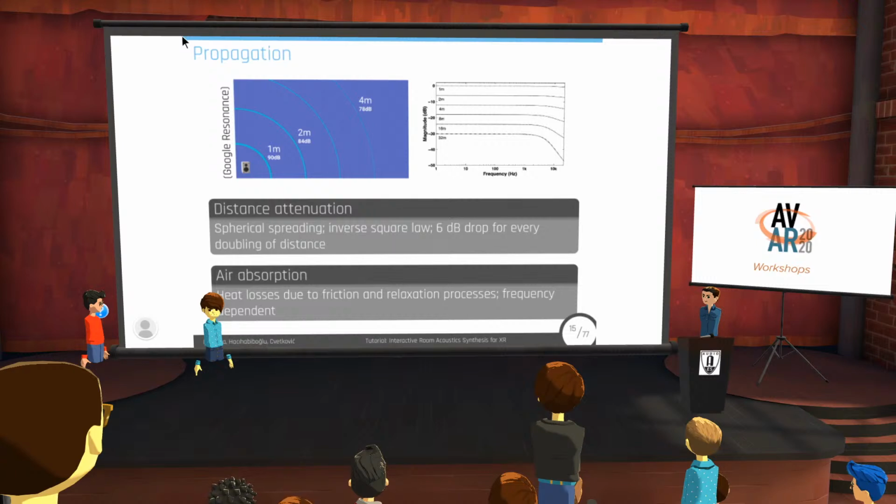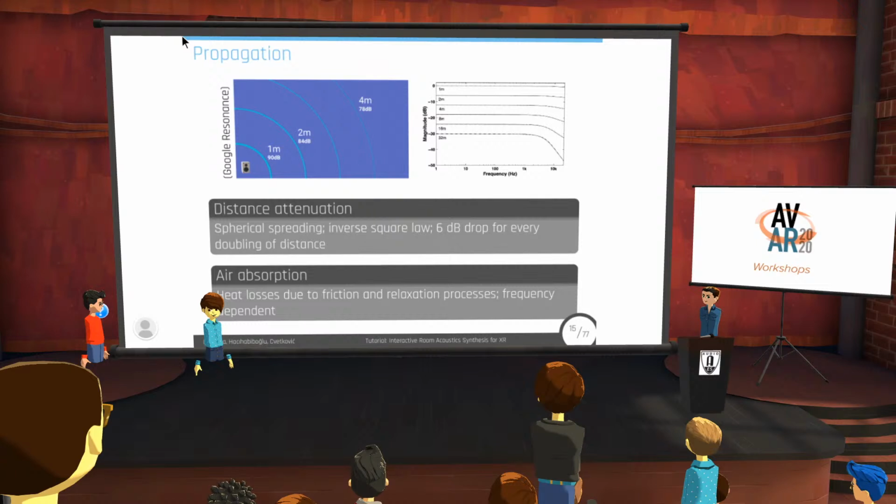This is due to the fact that over spheres the energy needs to stay constant, and that means that at a specific point in space the energy has to decrease. This is called spherical spreading, and the law that governs that is the so-called inverse square law. This is just a geometric feature. The effect is that for every doubling of distance, from 1 to 2 meters, 2 to 4, and so on, there is a 6 dB drop in level.